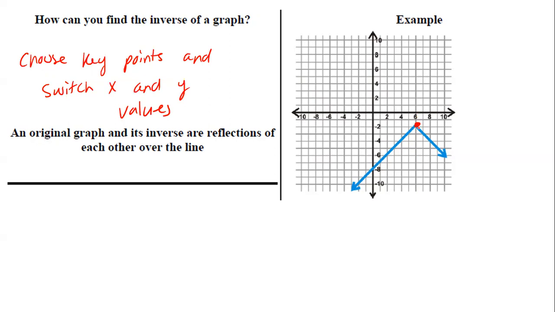So instead of 6, negative 2, that becomes negative 2, 6. So I'm going to go to negative 2 and go to 6. Remember we had 2 and we were here at negative 6, right? So instead of 2, negative 6, it's going to become negative 6, 2. So I'm going to go to negative 6, go to 2.